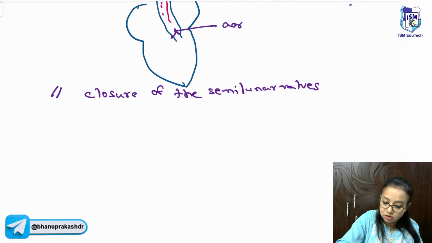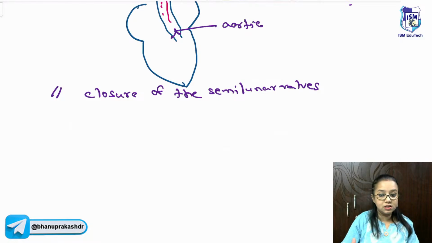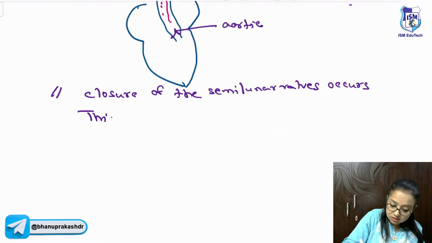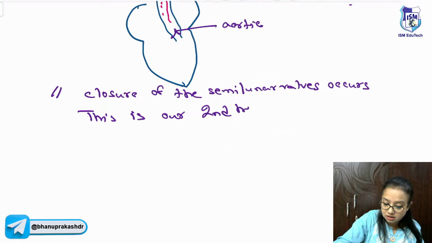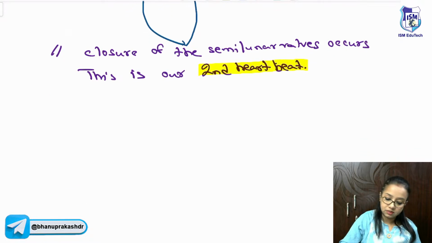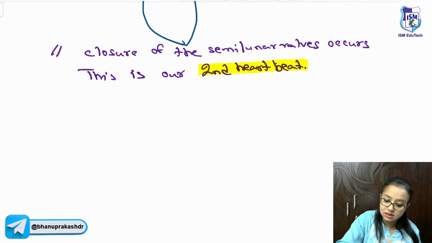Just after the protodiastole, before the beginning of the isovolumetric relaxation, the closure of the semilunar valve occurs. And this is our second heart sound. This is a point to remember. The closure of this aortic valve causes the characteristic sound, which is the second heart sound.